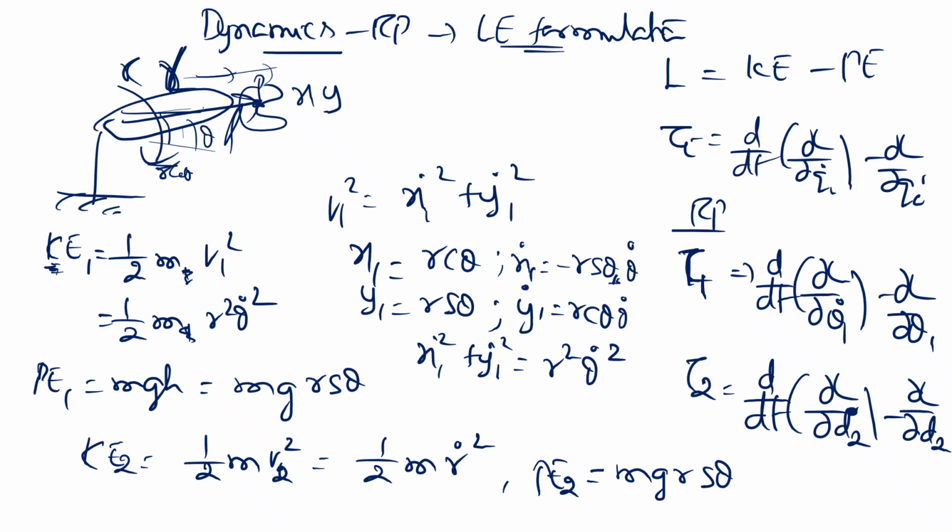So let's derive the Lagrangian. The Lagrangian equals KE1 plus KE2 minus PE1 minus PE2.